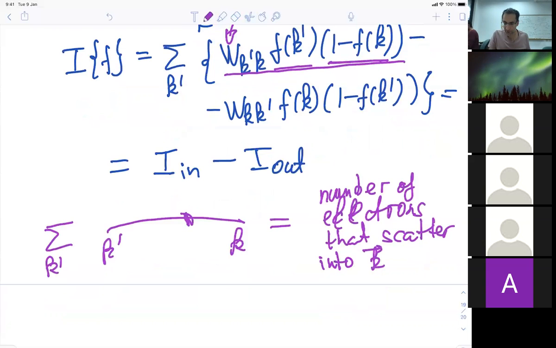So this is the probability to have state k occupied. This is the probability to have state k' empty. And this is the probability of transition from k to k'. So all these together, sum over k', it's an outgoing current from the state k to the entire universe.